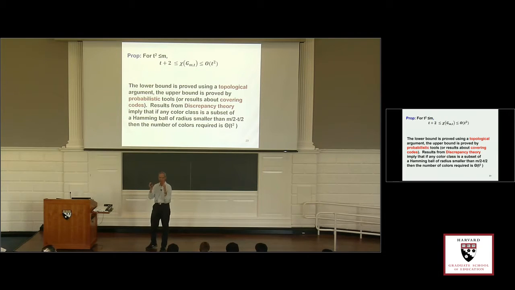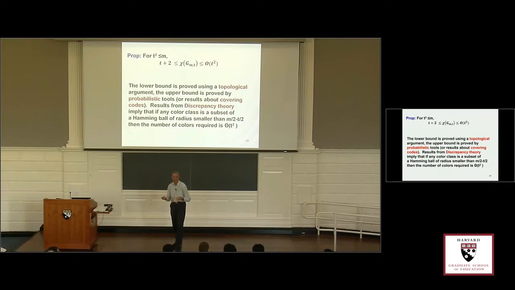But actually, for these specific graphs, it works in a nicer way because they are Cayley graphs, they are symmetric. It's really something that can be described in a few minutes, but I won't do it. And this gives a lower bound of t plus 2.